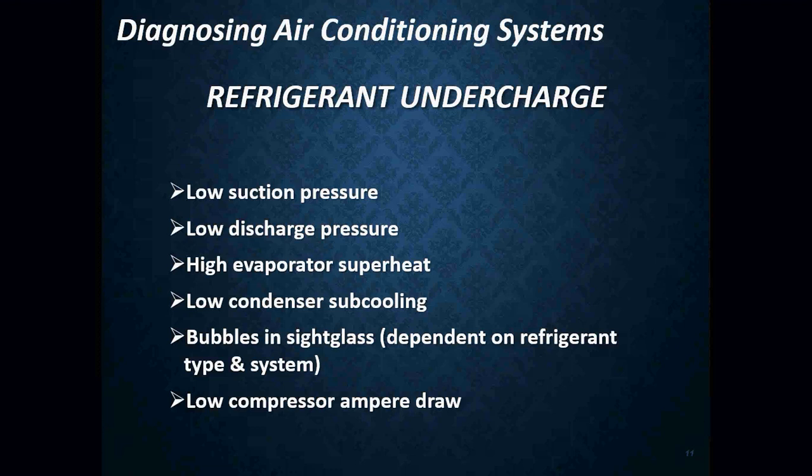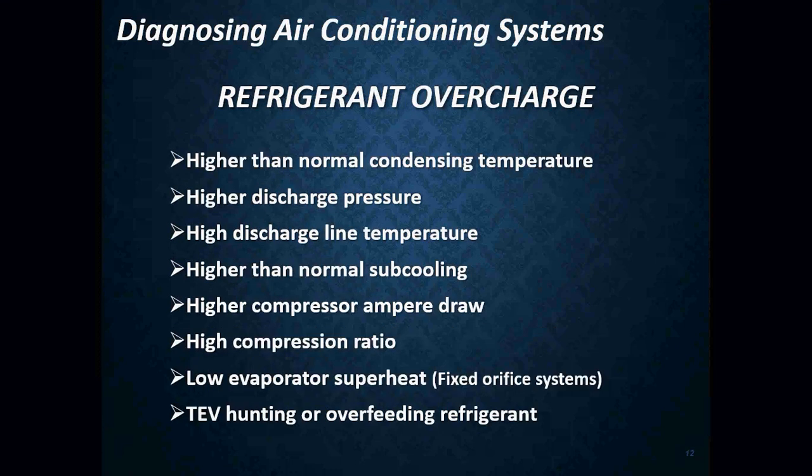If the subcooling drops to zero, which we really don't ever want to see, the hot gas in the condenser will start to leave the condenser with some liquid, and bubbles will form in the sight glass if the system has one. Which is why we want to make sure that we're taking those readings.